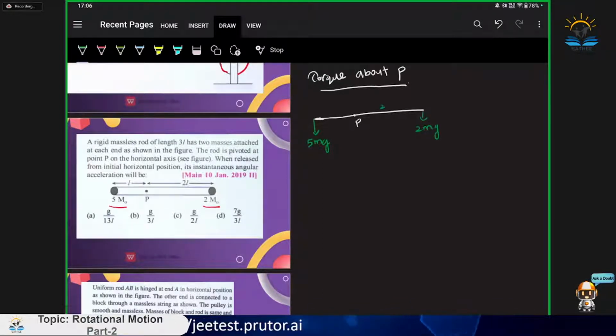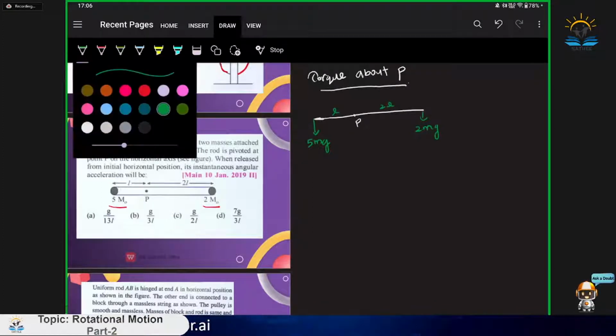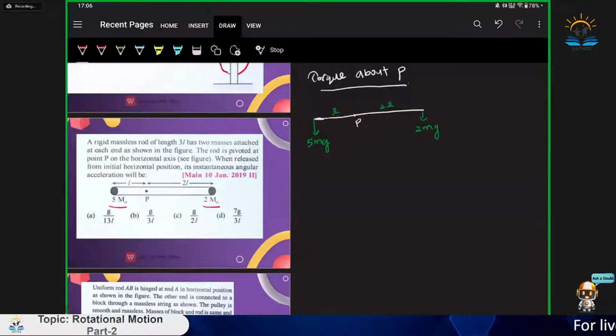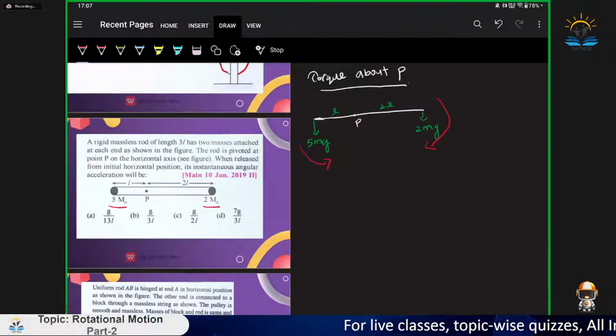This distance is 2L and this distance is L. The torque due to 5 mg will be in this direction, and the torque due to 2 mg will be in the opposite direction, so these torques get subtracted.